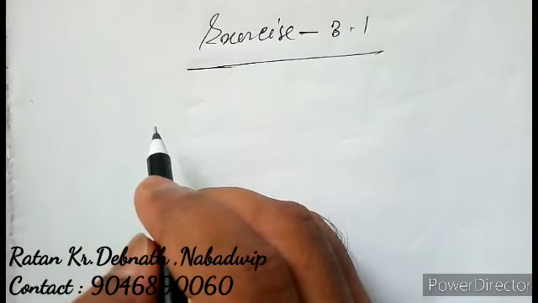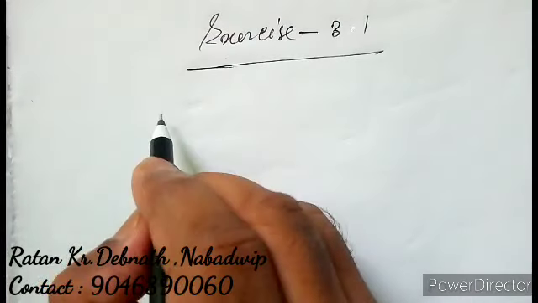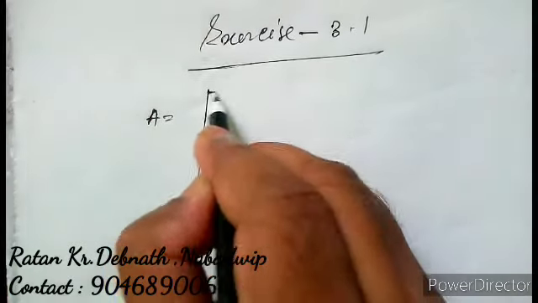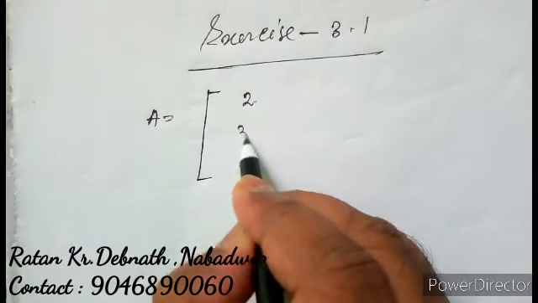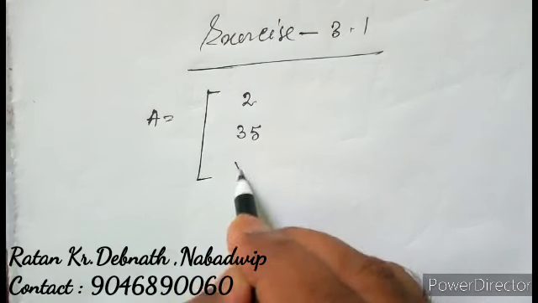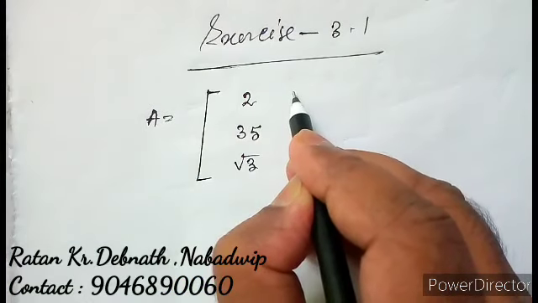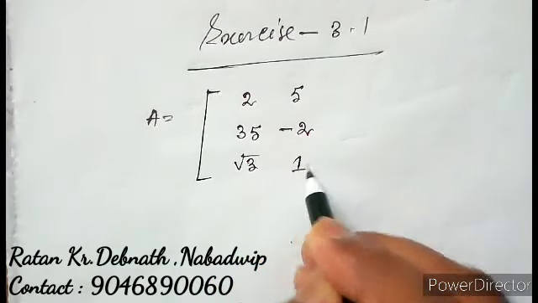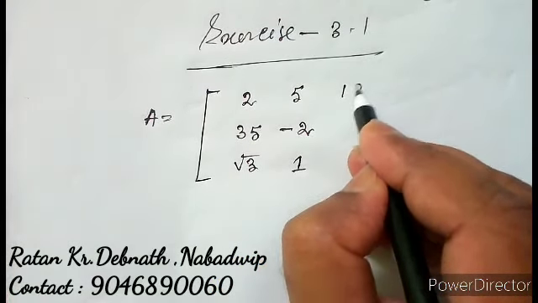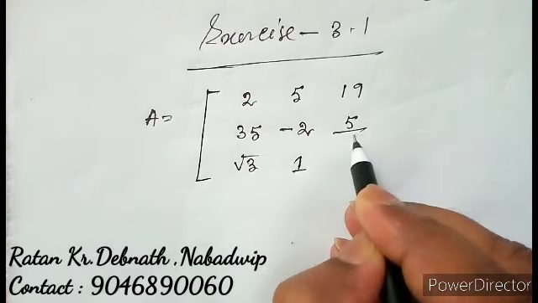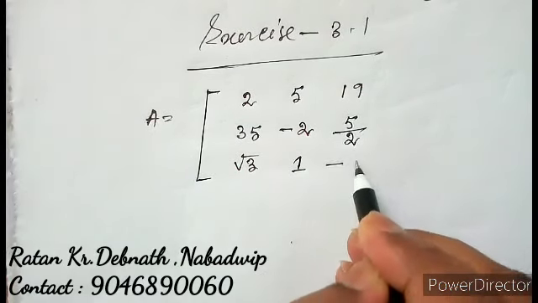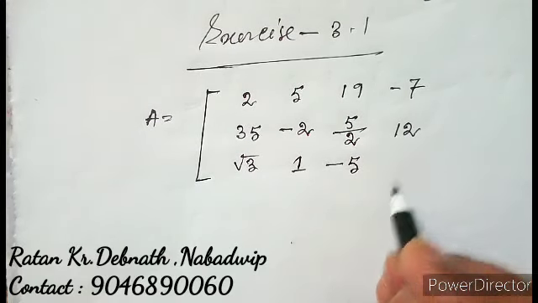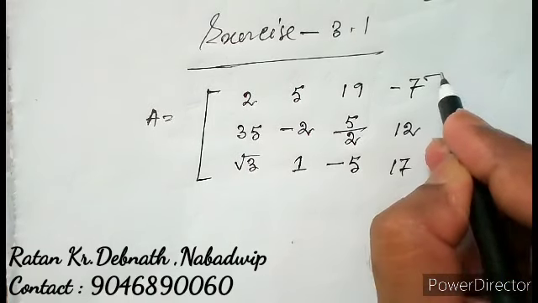Here a matrix is given. Matrix A: 2, 35, root 3, 5, minus 2, 1, 19, 5 by 2, minus 5, minus 7, 12, 17.